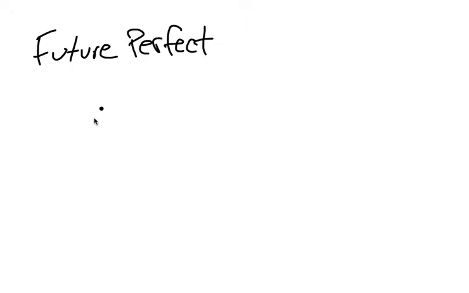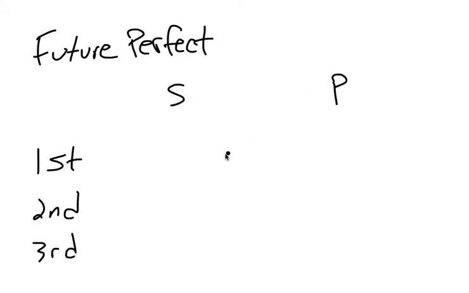Okay, now let's move to future perfect. Okay, so future perfect passive. Okay, going to again set up our conjugation chart, first, second, and third person, singular and plural, and we'll keep using audio, auditus, and this time we're going to use the future endings for sum.